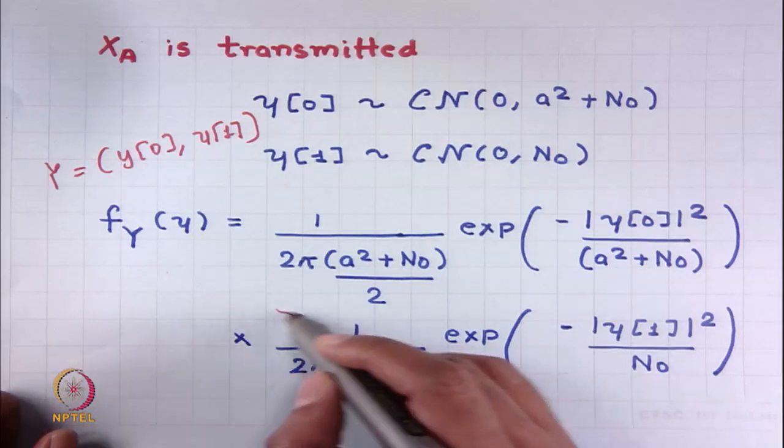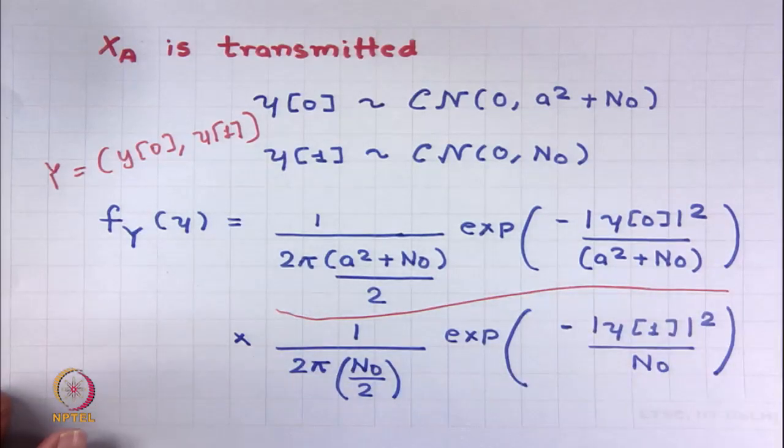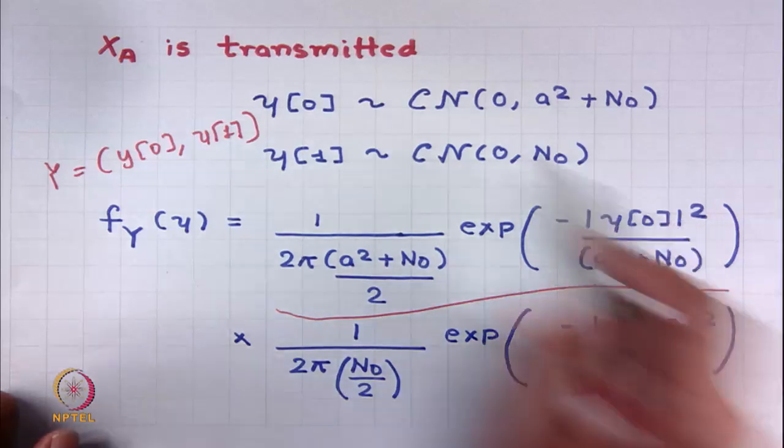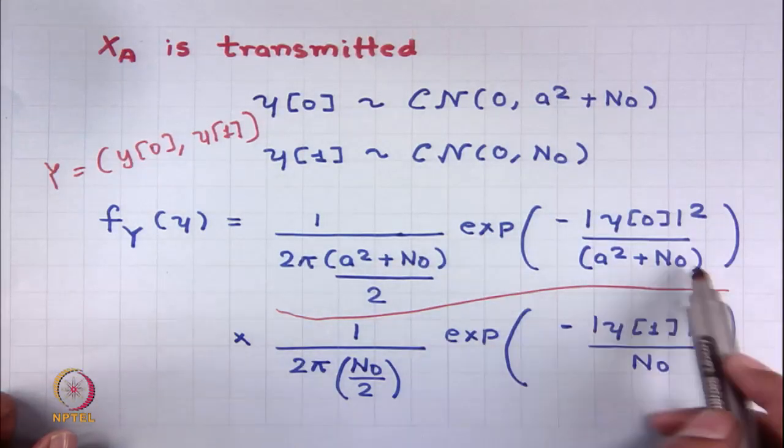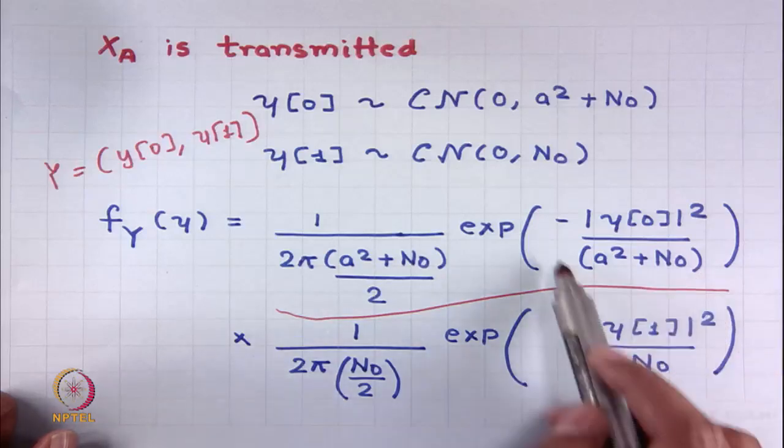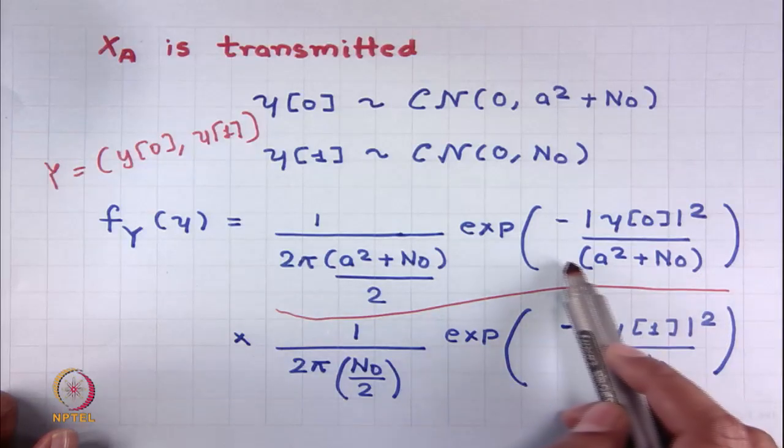Now, this is the marginal PDF of Y0. It has a mean of 0 and a variance of A square plus N naught. This variance is in complex dimension, and hence you do not have a term 2 in here.